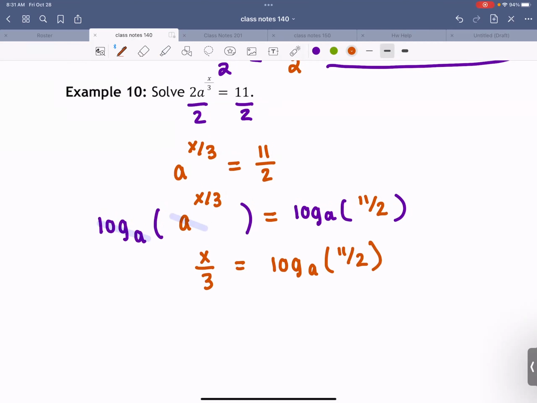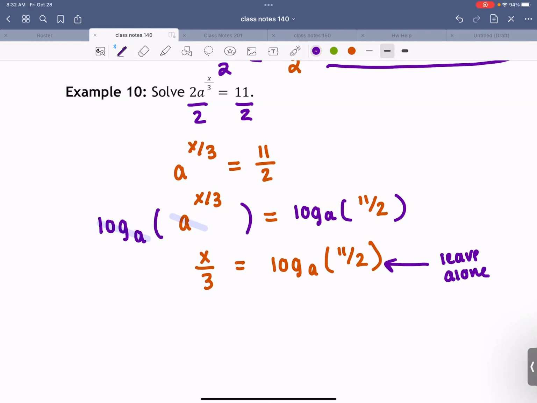Okay, now this is an example of something that I can't really find the final answer of. If I try to do this by writing it in exponential form, I don't know what a is, so there's no way I can find the exponent I raised a to get 11 over 2, okay? So in this case, since the bottom of the log is just a, I'm not going to figure out what this is, okay? So I'm just going to leave it alone.